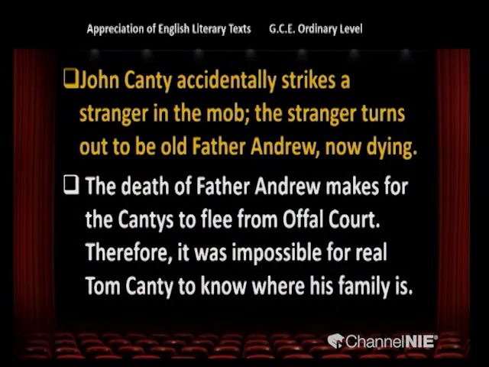John Canty accidentally strikes a stranger in the mob. The stranger turns out to be old Father Andrew, now dying. The death of Father Andrew makes the Cantys flee from Offal Court. Therefore, it was impossible for real Tom Canty to know where his family is.